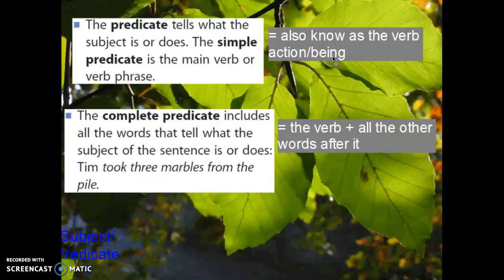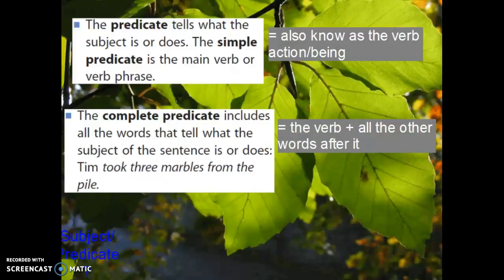It could be a mind verb like want or think. We also have these verbs called being verbs, such as is or has. The complete predicate includes all the words that tell what the subject of the sentence does. And usually the complete predicate is the verb plus all the other words that come after it.